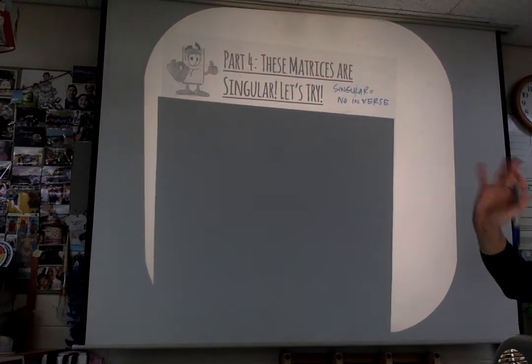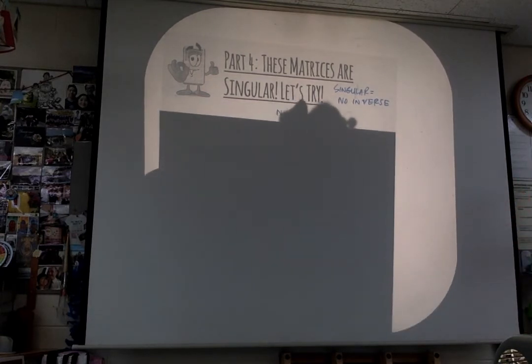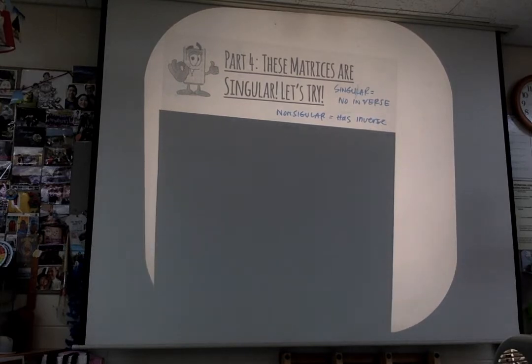Single. It means nobody, or no inverse in this case. And non-singular means you can have an inverse. I know it's a little bit weird, right? Because no sounds like non-singular, but think of it this way. No inverse! You're single. Like nobody loves you. Singular, okay?